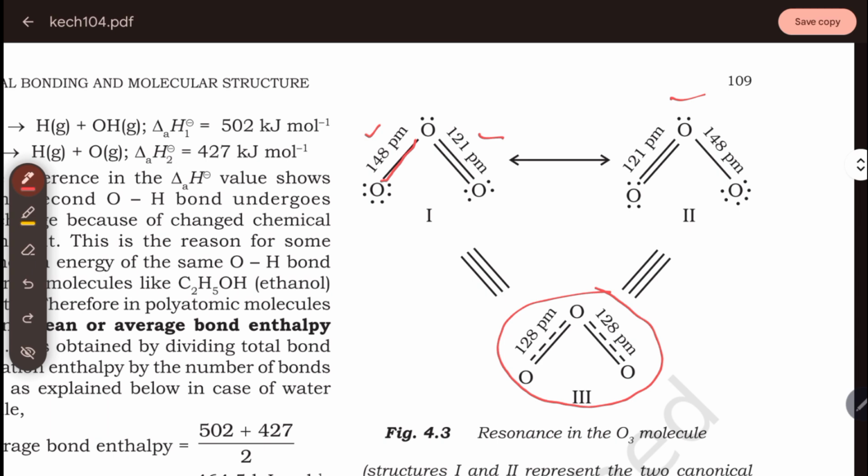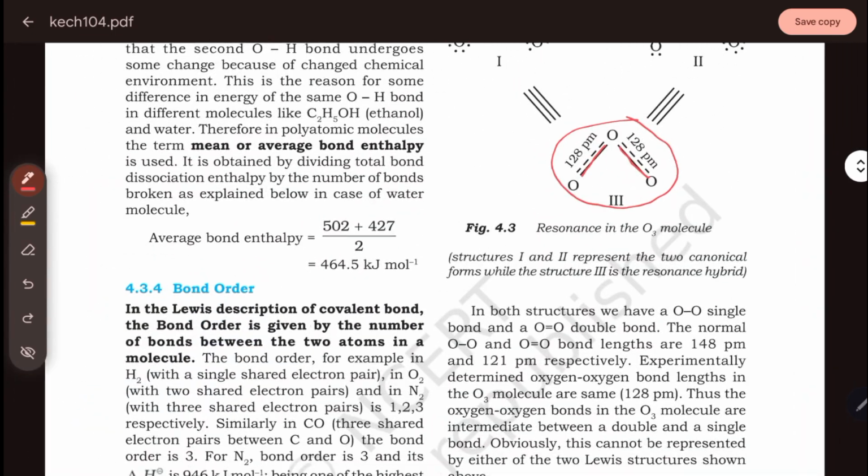In the resonance hybrid, both the oxygen bonds are equivalent. Both have the same bond length, 128 picometer, which is in between 121 and 148, attaining a partial double bond character.